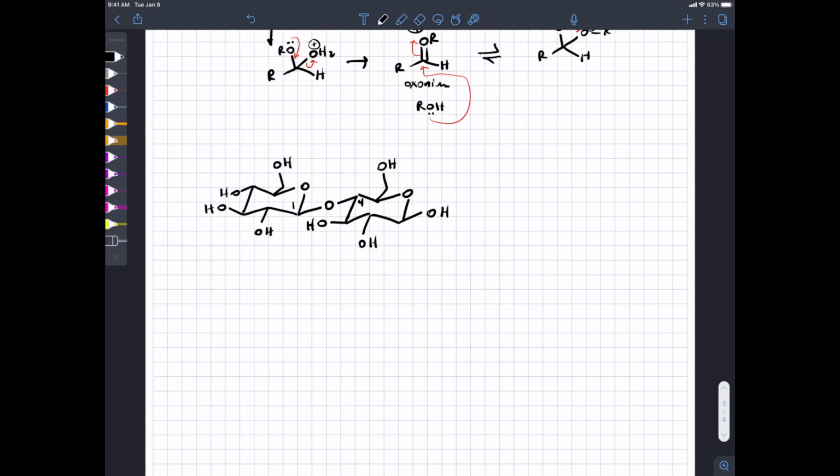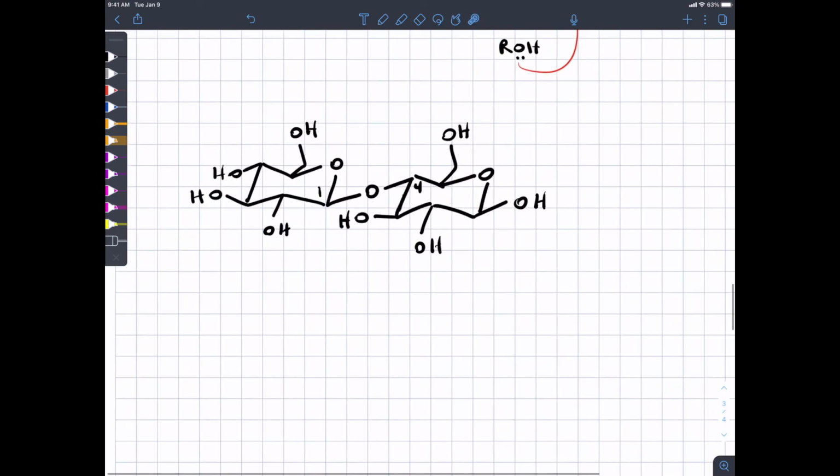Okay. Now again, you will be tempted to look at that and be scared, but pay attention to the functional groups you know. Here is an anomeric carbon that's bonded not to two OH groups or to one OR group and another OH group, but rather it's bonded to two OR groups.